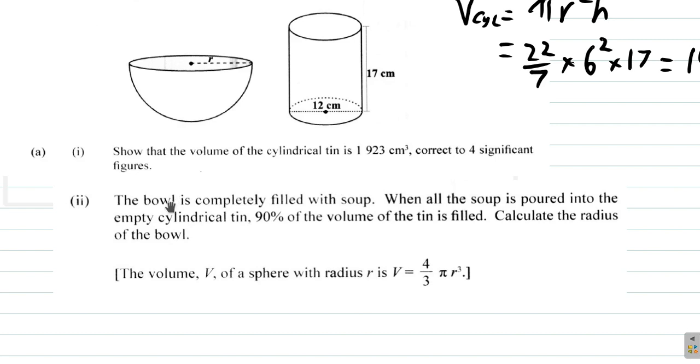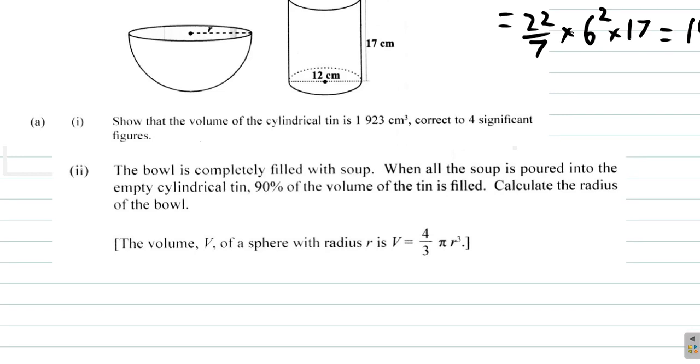Alright, so the bowl is completely filled with soup, and all the soup is poured into the empty cylindrical tin, and 90% of the volume is filled. So the volume of the hemisphere would be 90 per cent. Per means out of, cent means 100.